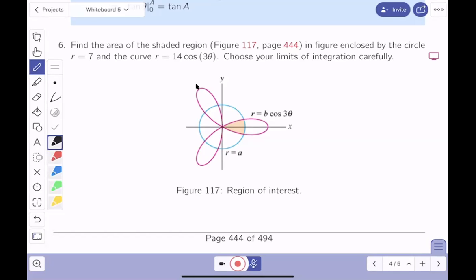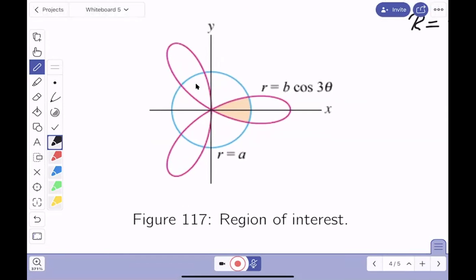Okay. Find the area of the shaded region in the figure enclosed by the circle. Well, the circle I know has an equation r equals 7. I'm going to blow this up a little bit.